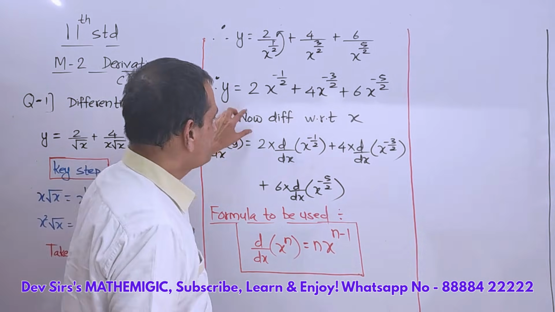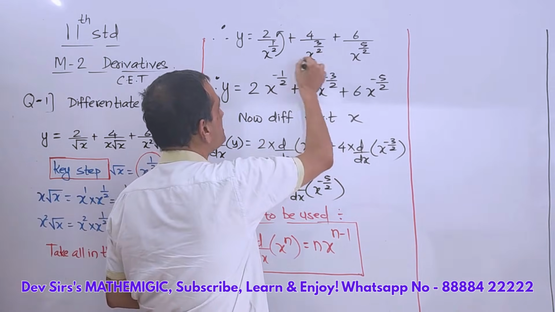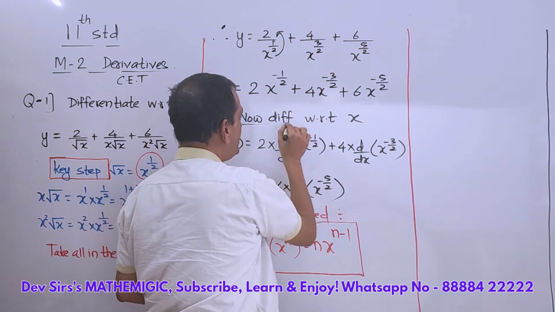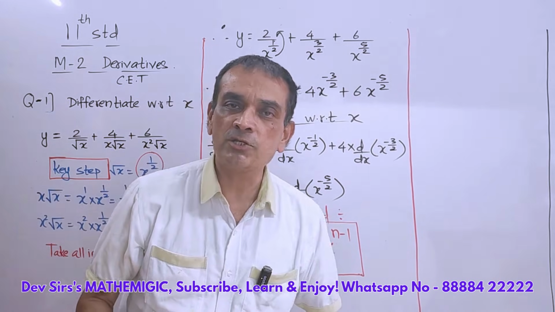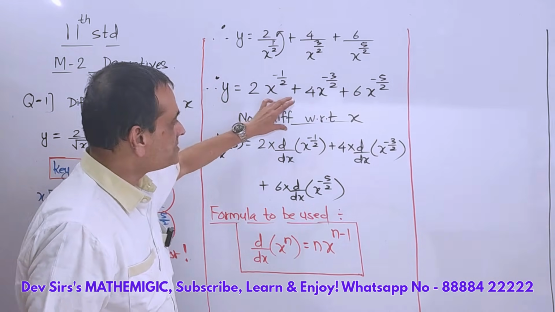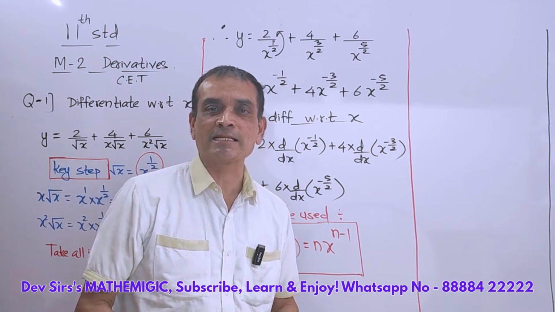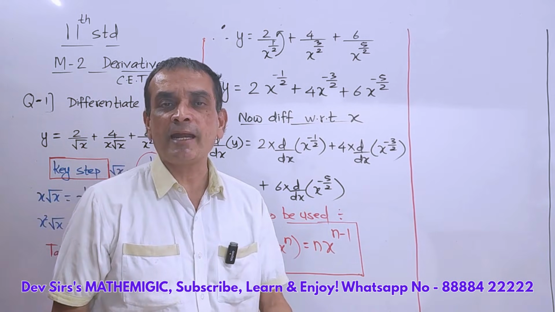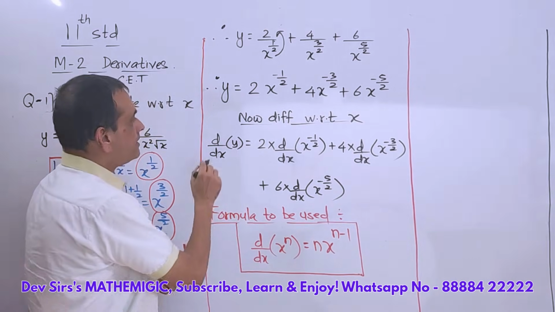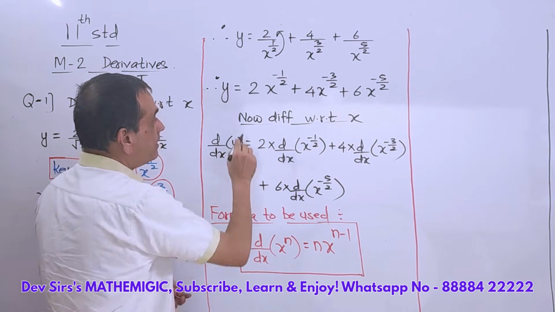Now differentiate with respect to x. So after converting and taking all the terms in the numerator, differentiate with respect to x, meaning find the derivative of each term with respect to x. So how do you find the derivative? Simply write d by dx everywhere. So d by dx of y. Now remember one rule.